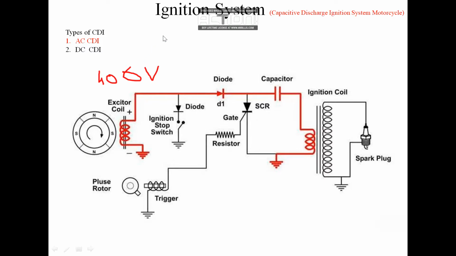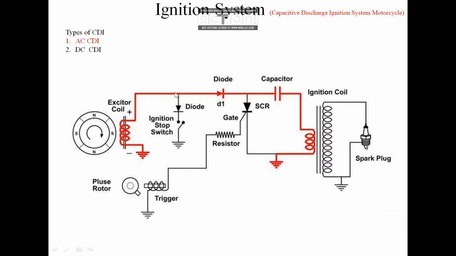Whenever you apply a kick or a starter, the rpm is not sufficient to develop 400 volt. During that time, 300 to 350 volt gets developed in the ignition coil. That much voltage of current is forwarded to your further subsystem.